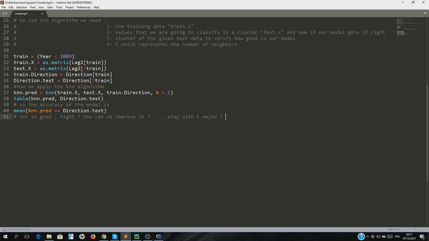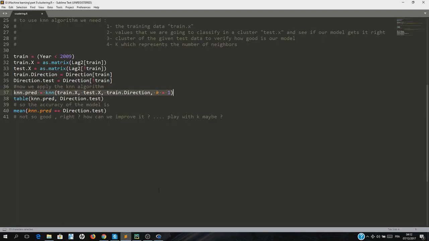Here the nearest neighbor we are choosing is only one. But what if we look at more than one neighbor? Maybe we can look at 3 neighbors. So we just predict this.